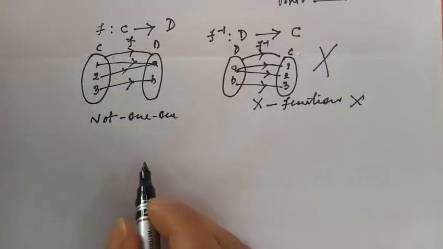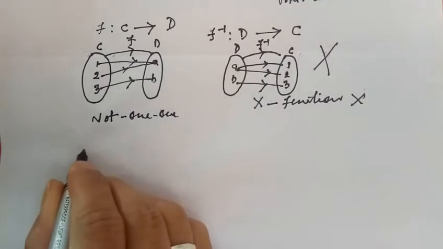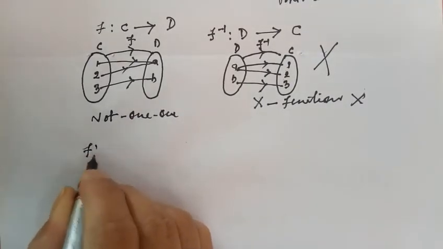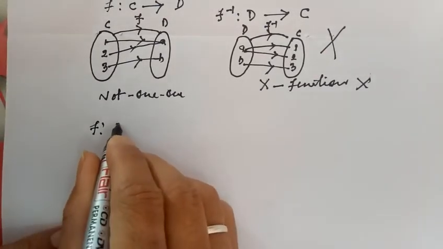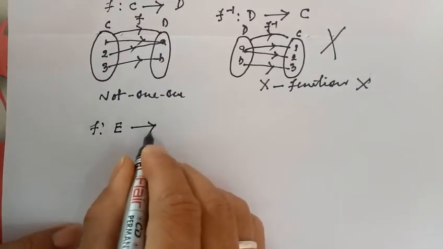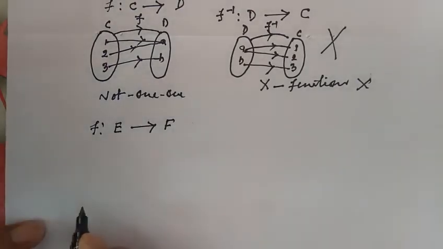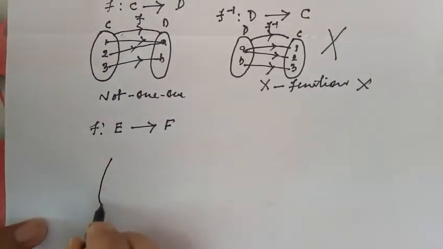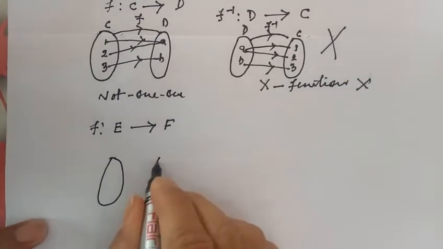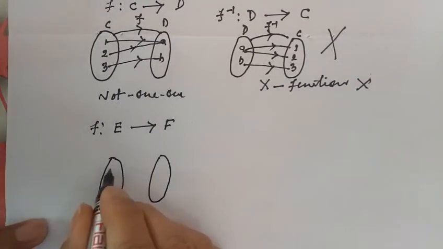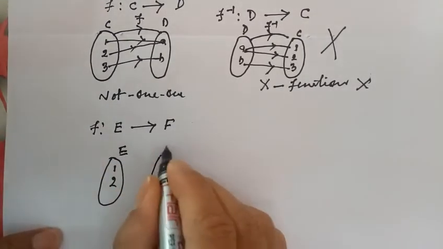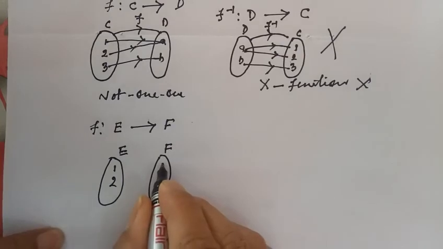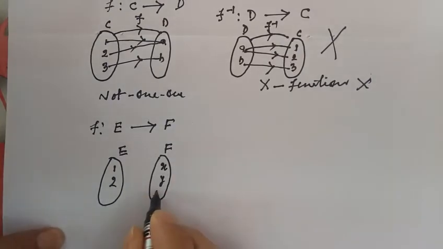Let's take another example. I'll take a function from E to F. E has 1, 2, and this is E and this is F. I'll take x, y, z.